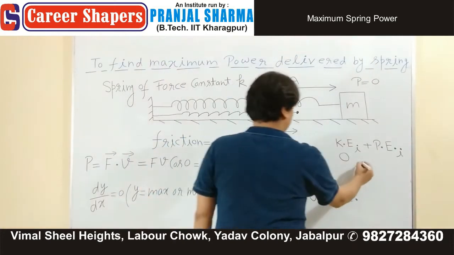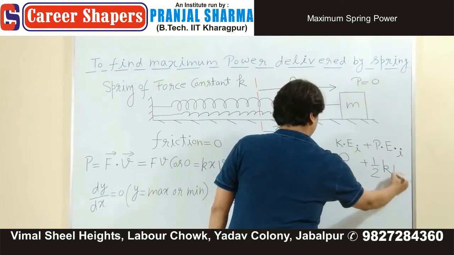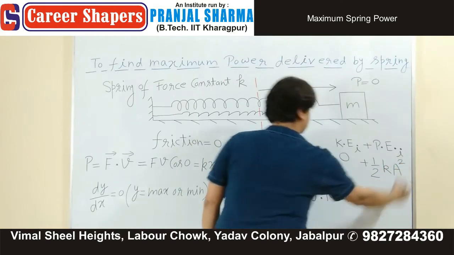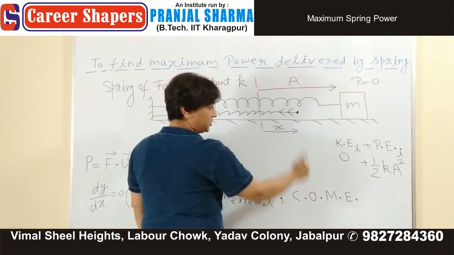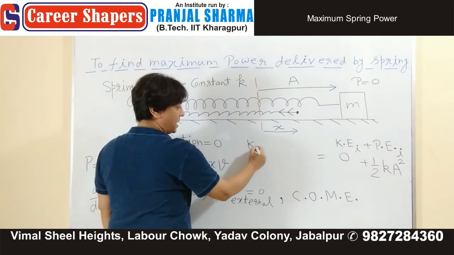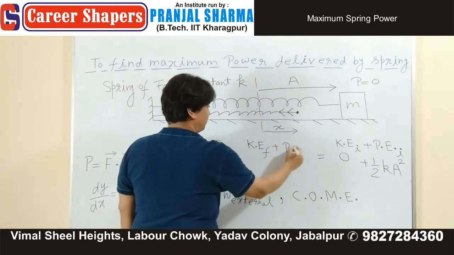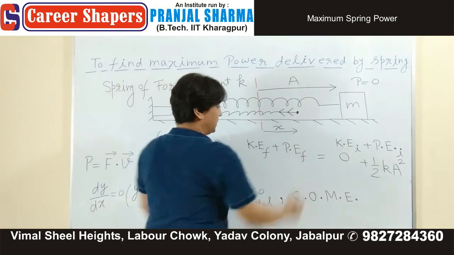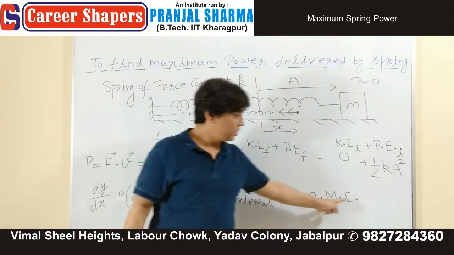And therefore, spring potential energy comes to half K A square. And when the object reaches this position finally, we say that kinetic energy final plus potential energy final is the same as initial, which is nothing but COME.